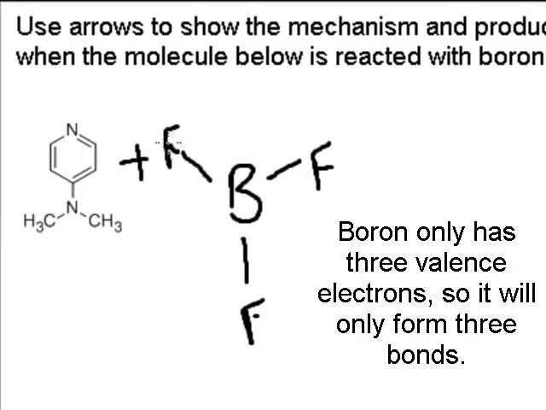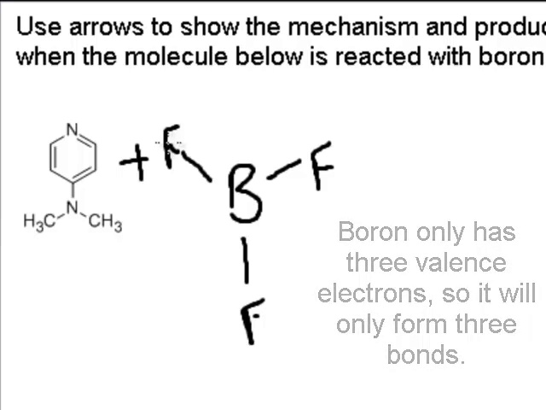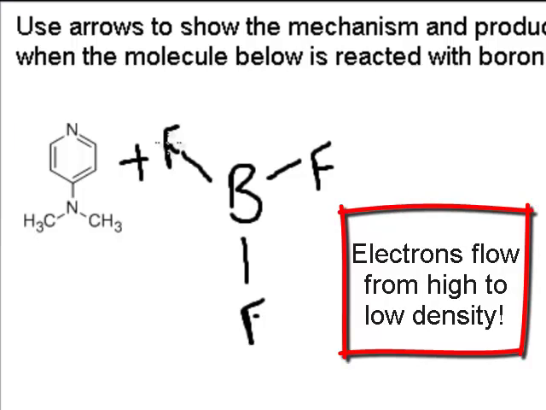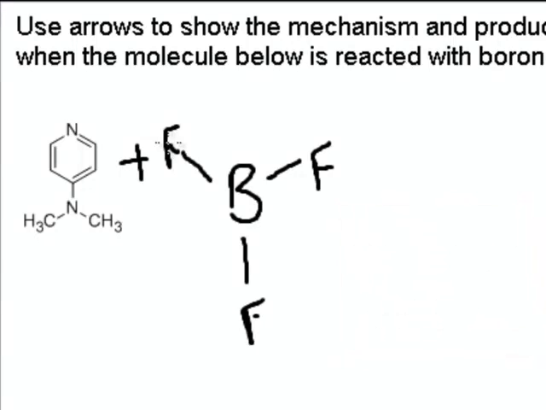So in any reaction mechanism, we have to understand how the electrons are going to be flowing. We'll be looking for where electron density is high and where electron density is low, and that will predict the flow. One thing you may notice immediately is that boron only has 6 valence electrons in the BF3 compound.